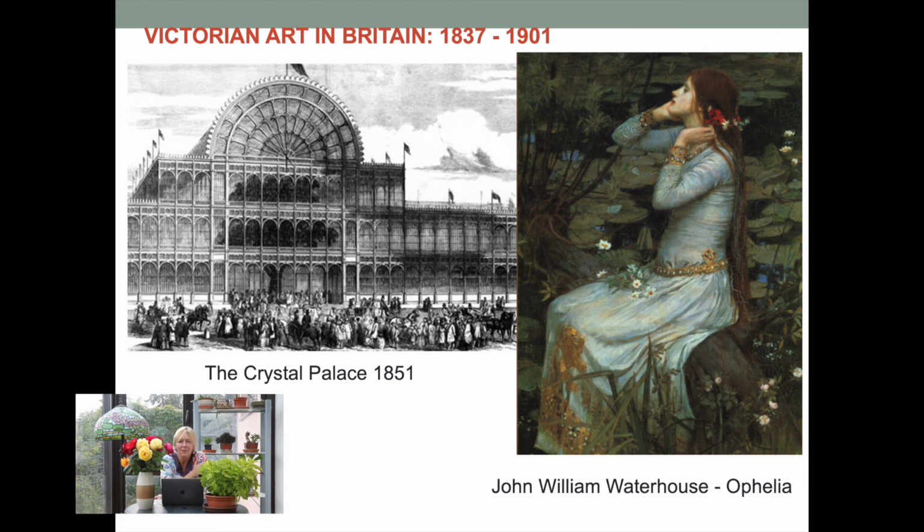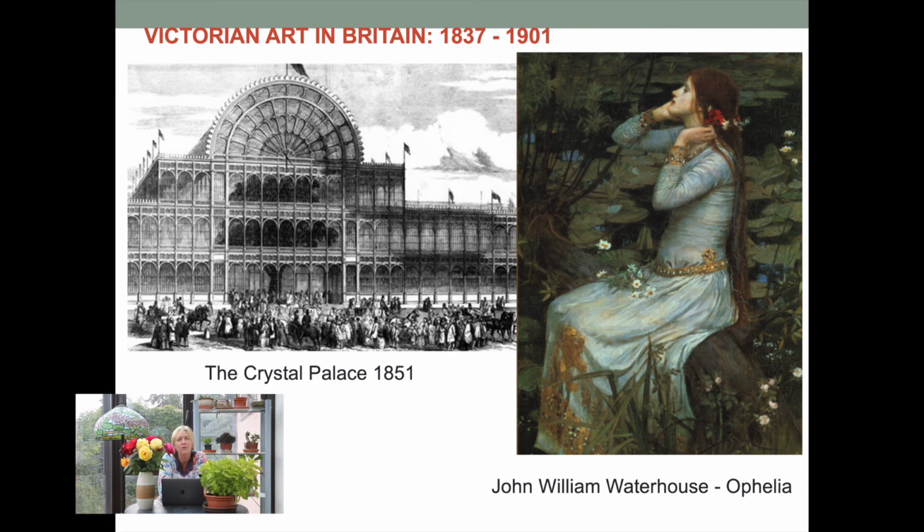housed the Great Exhibition in London, which was like the very first expo, showing all kinds of interesting things, objects brought from all around the British Empire. So we have the beginning of globalized culture, we have the beginning of the consumer culture, of very urban lifestyle.